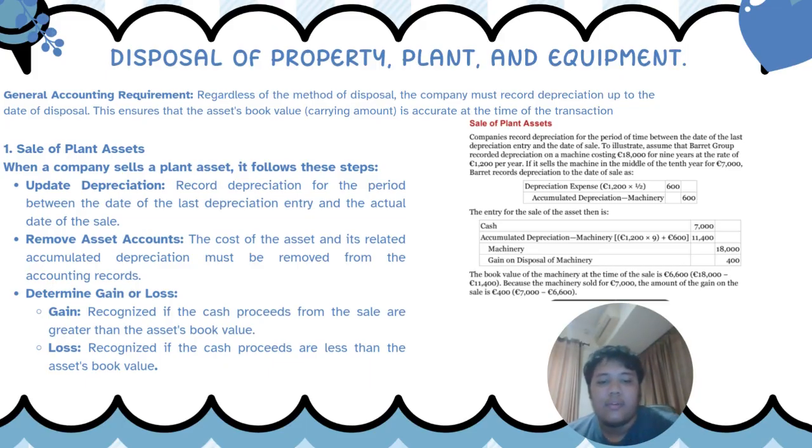Secondly is removing the asset account, where the cost of the asset and its related accumulated depreciation must be removed from accounting records. And lastly is the recognition of gain or loss, where a gain is recognized if the cash proceeds from the sale are greater than the asset book value. And for a loss, it's like the gain but if the cash proceeds are less.